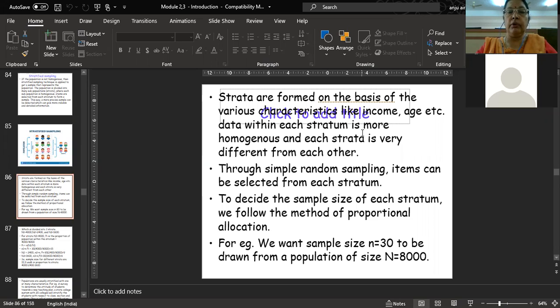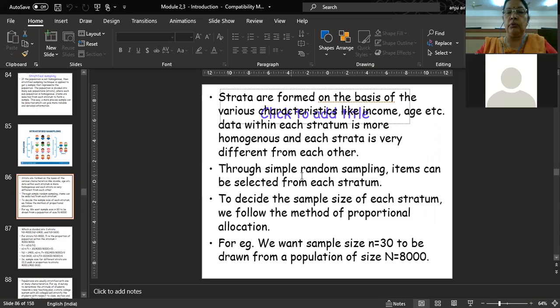So any demographic variables you can take, married, unmarried, marital status. So like any demographic variable. So you can take profession. So you can divide your population into strata on the basis of any of these characteristics. And each stratum should be different from each other.